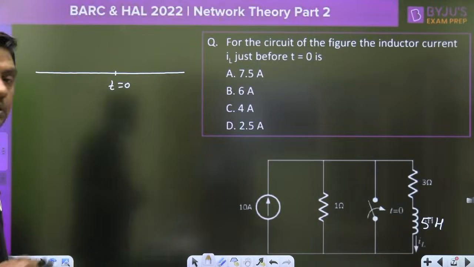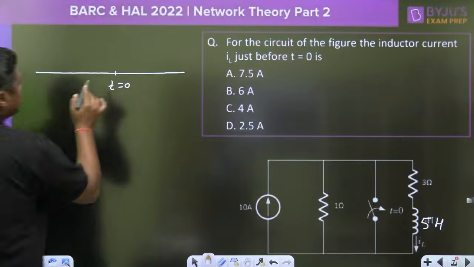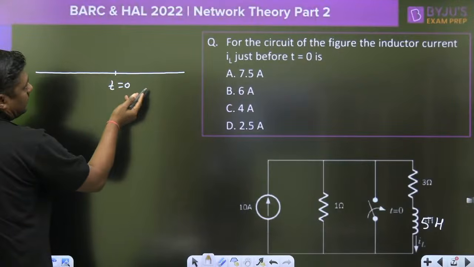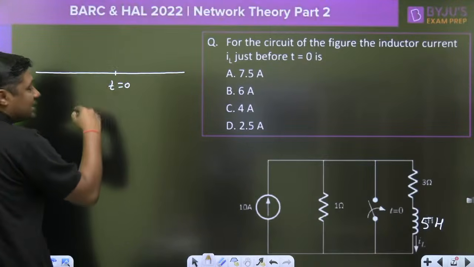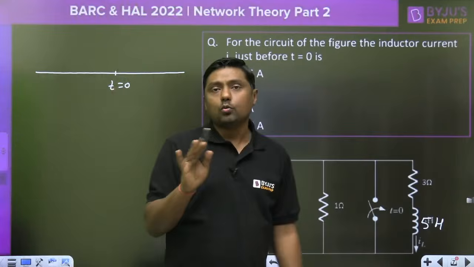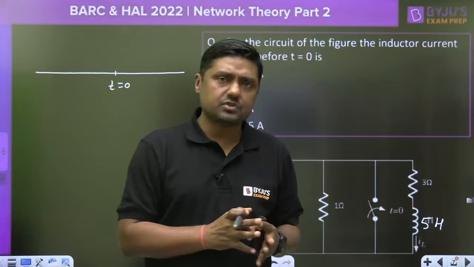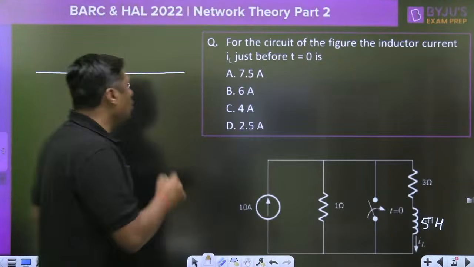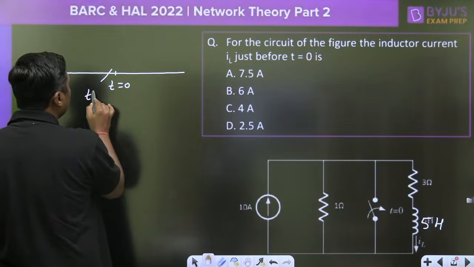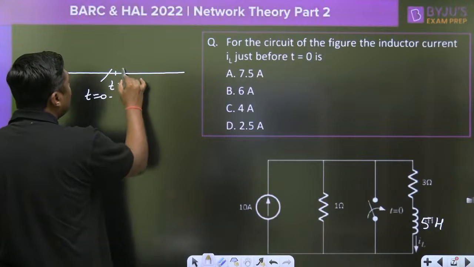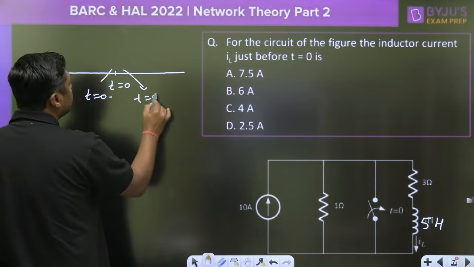Exactly at t equal to 0, the switch may be closed or open, and that is the reason for the transient: there is a change in the circuit. Just before means at this point, 0 negative. After means at this point, 0 positive.